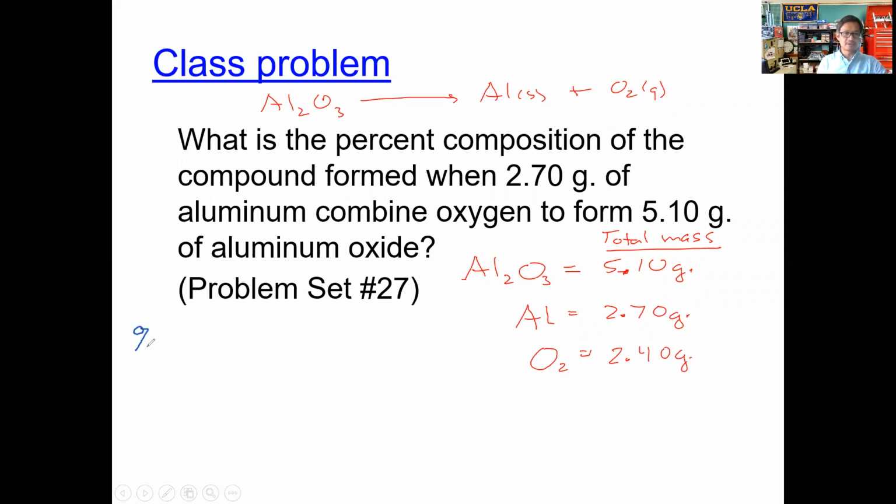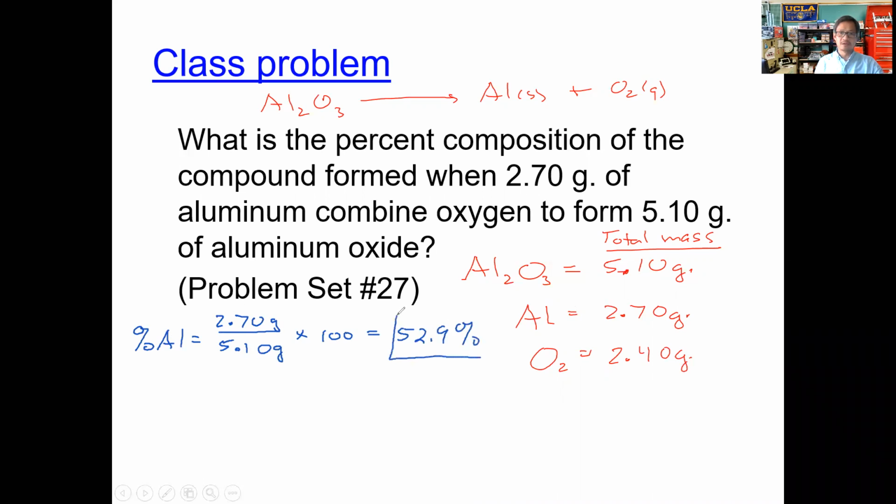The percentage of aluminum is the part made up of aluminum, 2.70 grams of aluminum, over the total mass of the compound itself, 5.10 grams, multiplied by 100. We get 52.9% aluminum. That is the percent composition of aluminum.